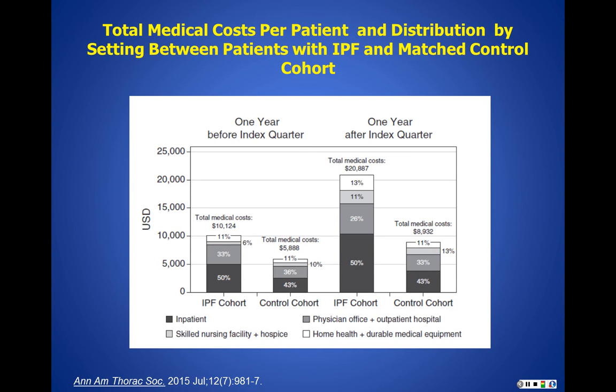So they divided them into two groups. This is after enrolling in studies after diagnosis for the first 1 year, and this is after 1 year, okay? So patients with IPF cost you more. It could be outpatient hospital visits, skilled nursing facility, hospice, everything. So ILD will cost you more for healthcare, okay?